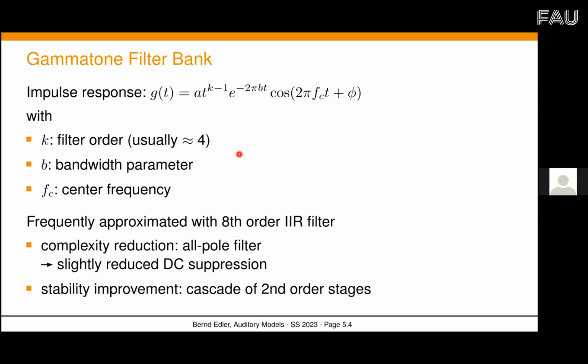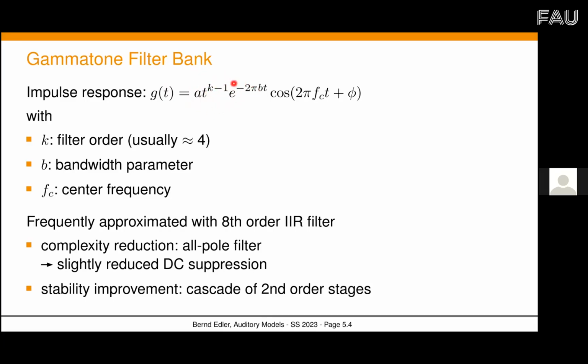But you can say, well, there's an amplitude factor A, then you have, instead of x, you have t, because it's a time continuous impulse response. You have A times t to the power of k minus 1. This would be corresponding to this x to the k minus 1.